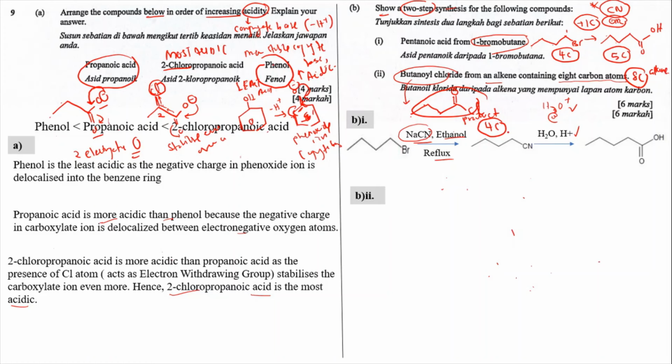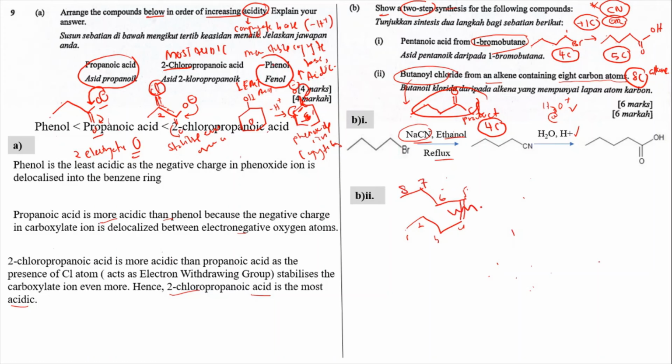For this case, I think the best way is to double the product. For example, we have 1, 2, 3, 4, and then the alkene, and then you will also be doing 5, 6, 7, and 8. So 1, 2, 3, 4, 5, 6, 7, 8.